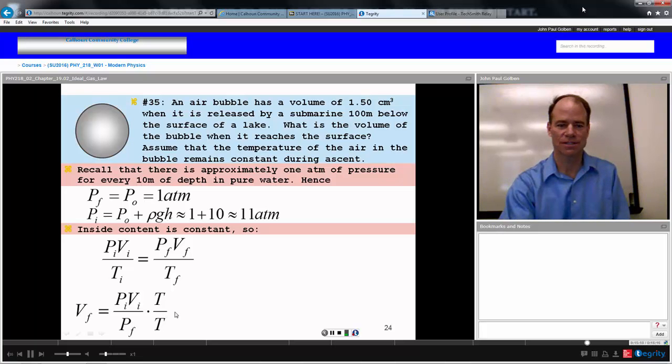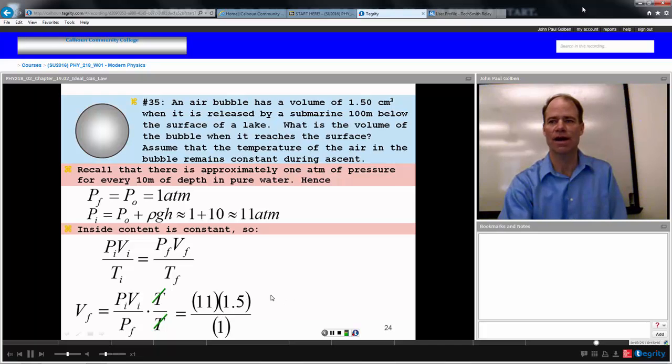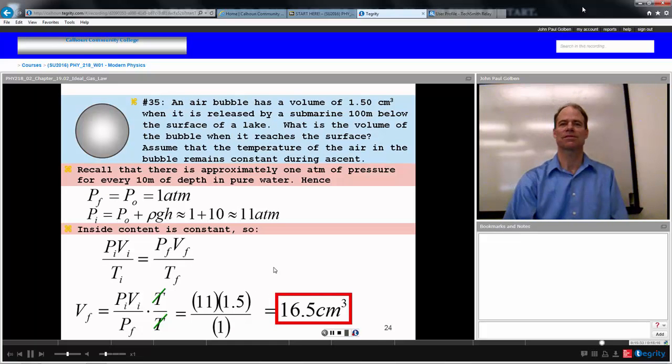Temperature is the same, we're assuming, so our final and initial are the same, they cancel out. And we have our initial pressure is 11 atmospheres, our final pressure is 1, and our initial volume is 1.5 cubic centimeters. So our final volume will be in the same units, 16.5 cubic centimeters.